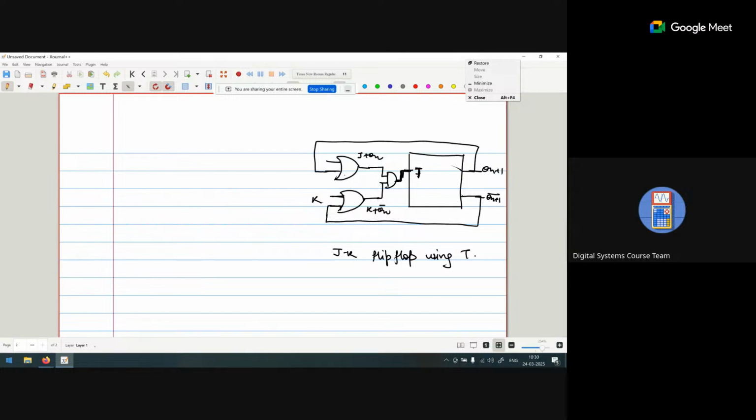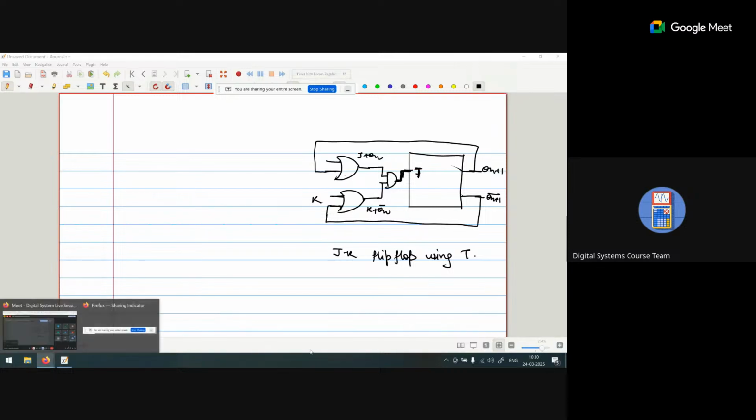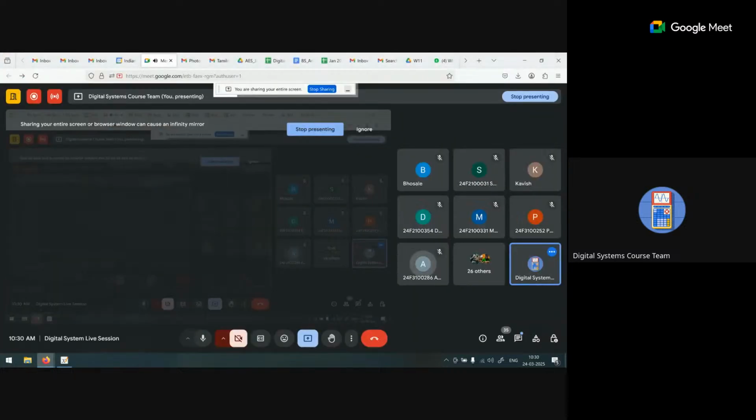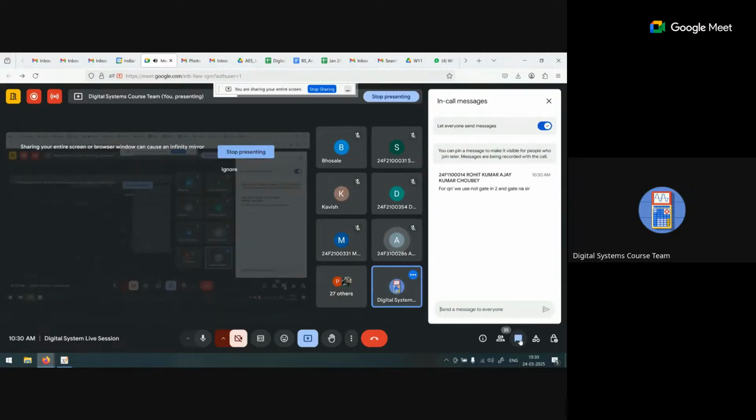That's what I was saying. So here we use a not gate for Qn bar. We use a not gate. Yes, Rohit, what are you saying?